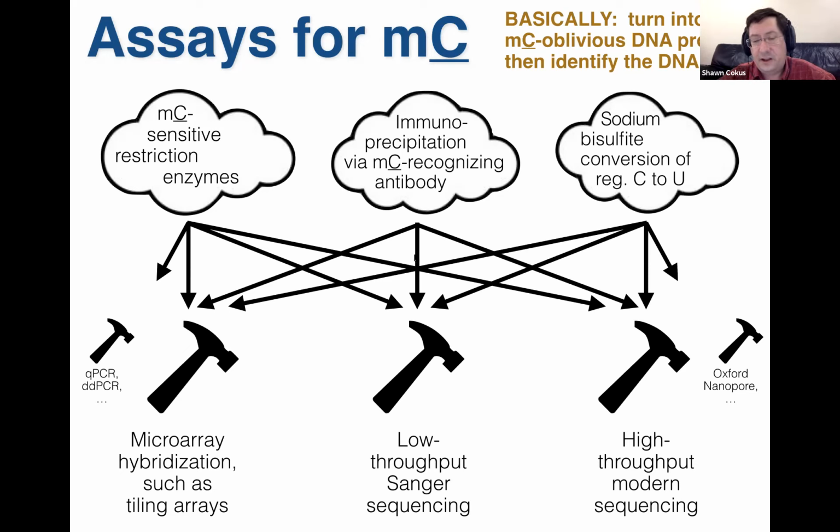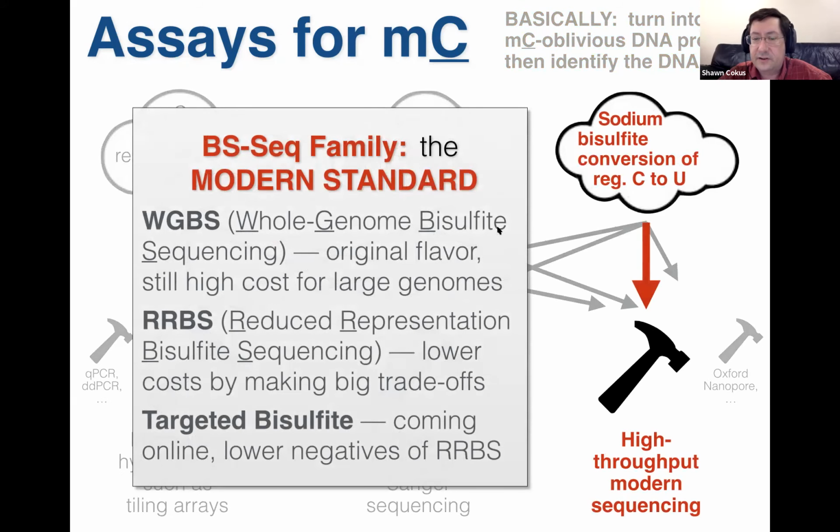So a lot of these combinations have been tried, and they all have advantages and disadvantages. But the current modern standard is to combine the sodium bisulfite conversion with high throughput sequencing, mainly the Illumina platform, the current instantiation of which would be the NovaSeq platform.